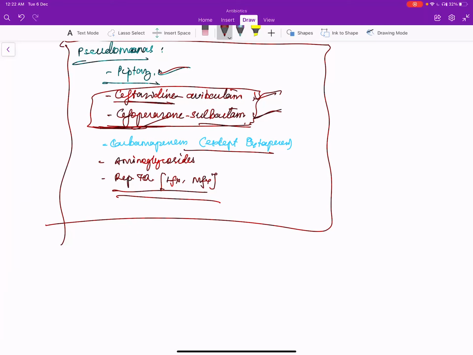Piptaz plus carbapenem, don't give, because they have the same action. Piptaz plus moxifloxacin. So one among the top 4 plus one among the bottom 2.